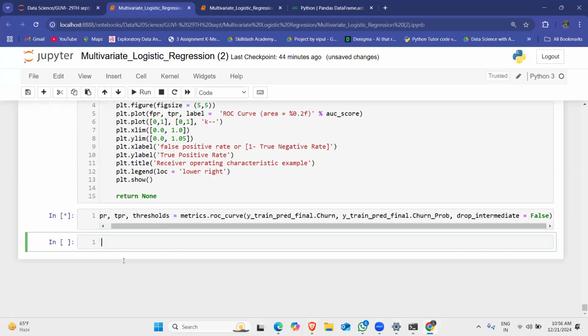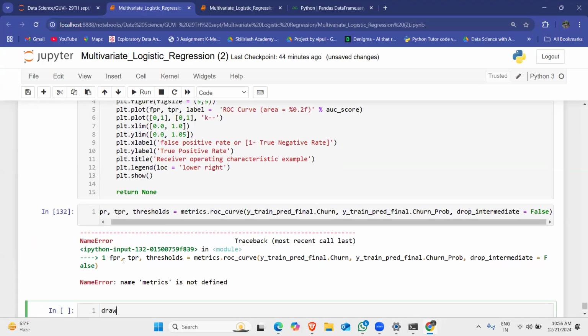You don't need to worry about this code, guys, because nobody will ask you to draw the ROC curve. But I am just explaining how this receiver operating curve is calculated, and from that how we generally get an understanding of how good the model is.